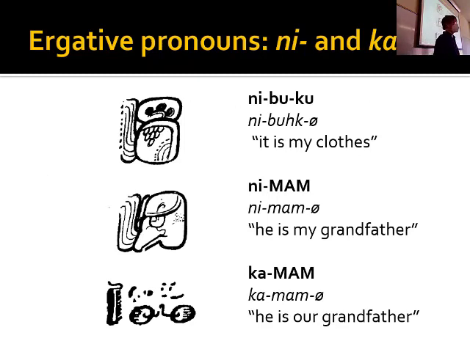So, ni buk, my clothes, but you can also translate it as, it is my clothes. Ni mam, he, she, it, or you can say they is my grandfather. And of course, they is my grandfather would be much closer to what it actually means in Mayan, with no gender identification whatsoever, and inherently plural and ambiguous. But you can also have grandson, my grandson, he is my grandson, or grandchild, they is my grandchild.